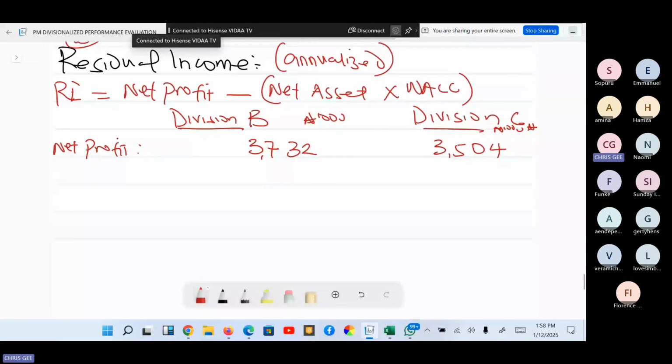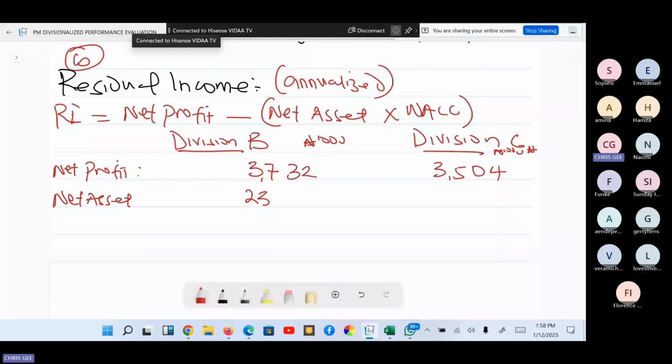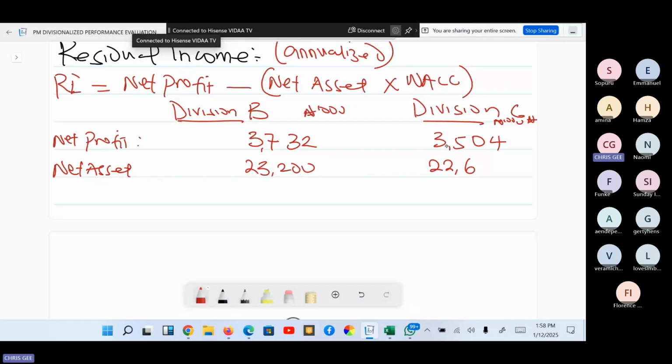So we have your net assets. This is 23,200, and this one is 22,600. Then we have their WACC given as 10% up here. No thinking, let's plug the figures into the formula.